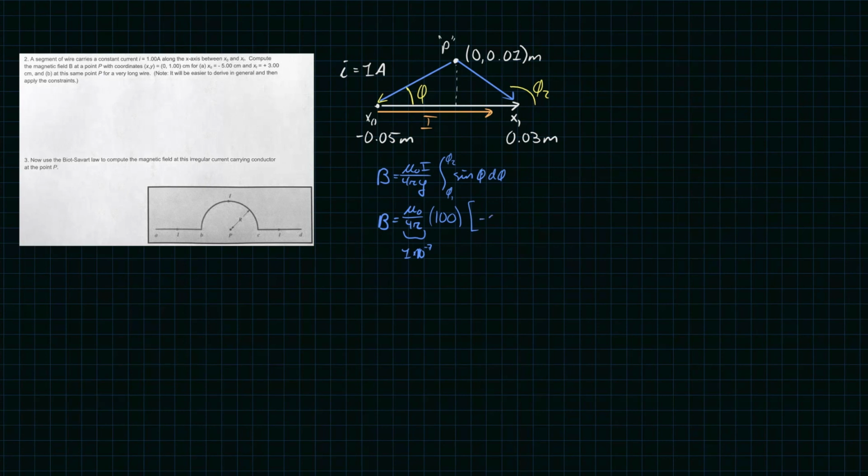And then we're going to have negative cosine of phi from tangent negative 1 of 0.01 over 0.05 to tangent negative 1 of 0.01 over 0.03. My bad. I'll do those calculations and I'll be right back.